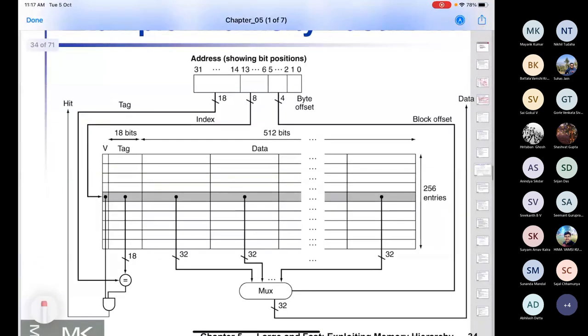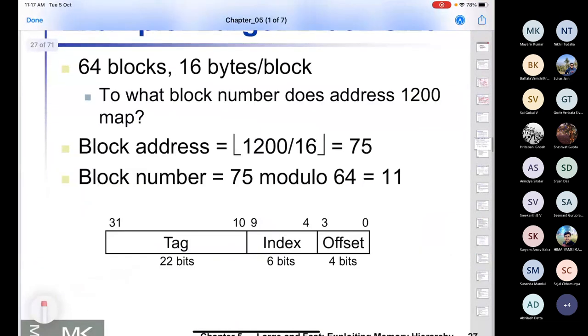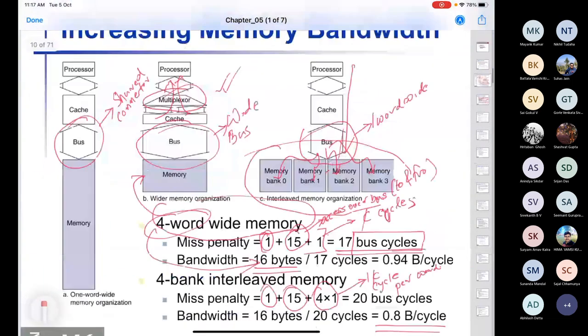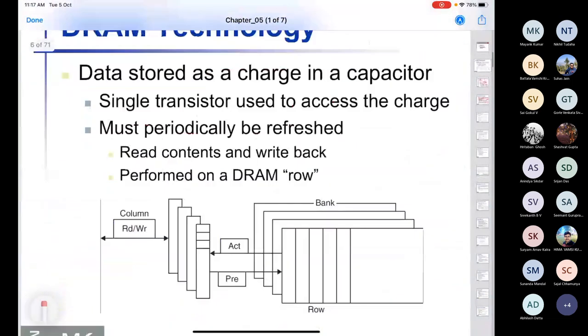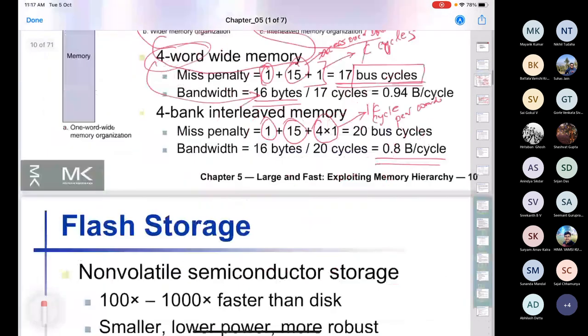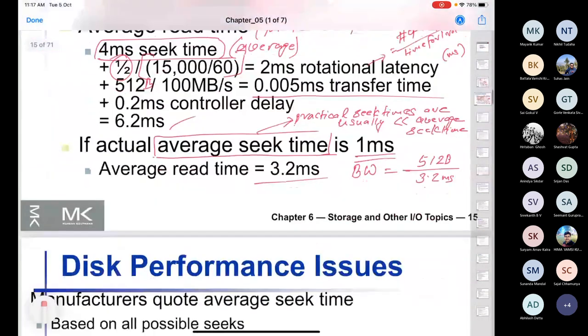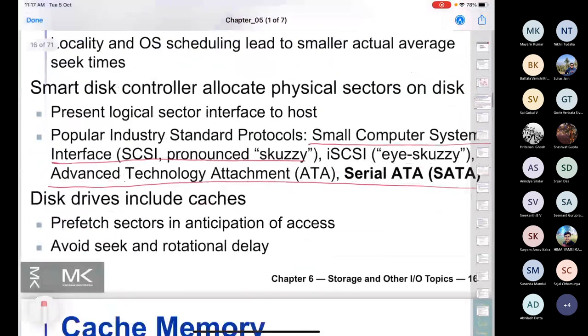This is actually more common. Okay. This is what you have. These are just protocols, different protocols for how these things should work.